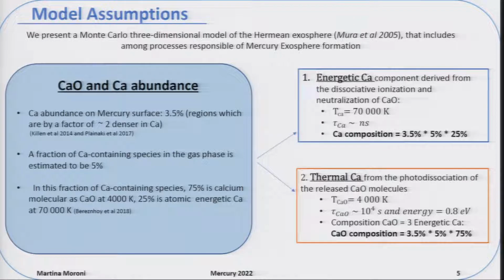As we said before, we considered that only the micrometeorite bombardment releases calcium directly, at a high temperature of 17,000 Kelvin, so we do not consider the lifetime of calcium oxide. In the second process, we simulated the thermal calcium generated from the photodissociation of the released calcium molecules, and we considered a temperature of 4,000 Kelvin for the calcium oxide.